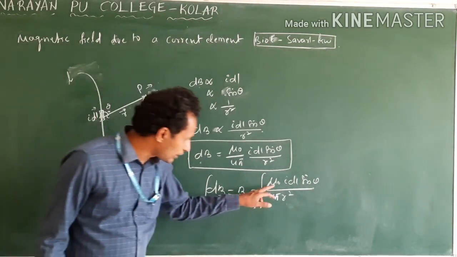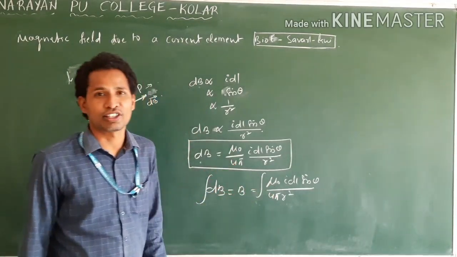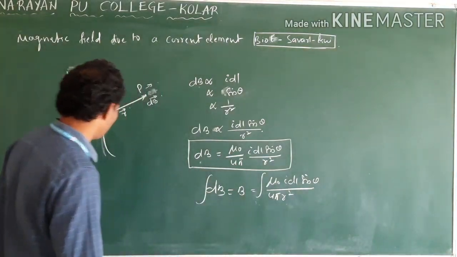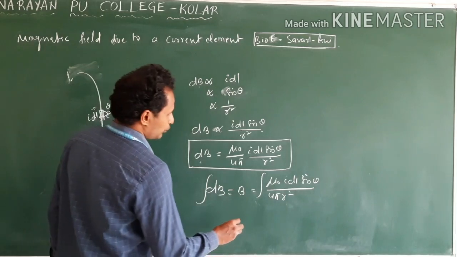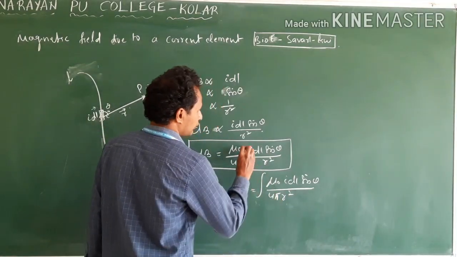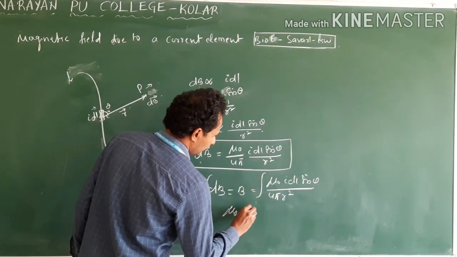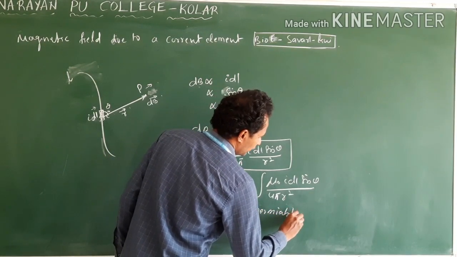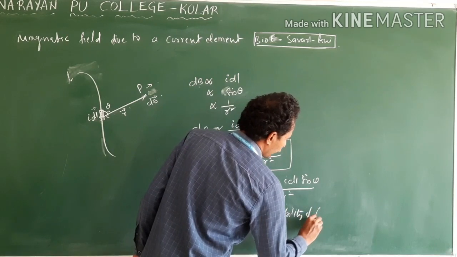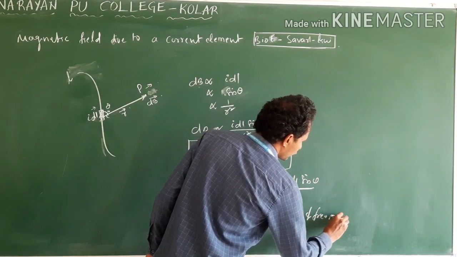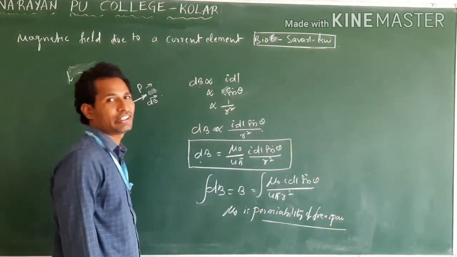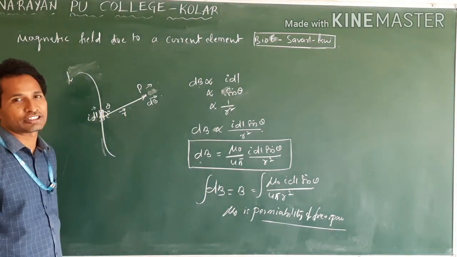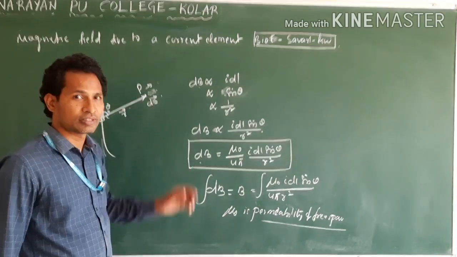Next, here mu naught by 4 pi is a constant. Mu naught is called the permeability of free space, just like the permittivity of free space in electrostatics, fields and charges.